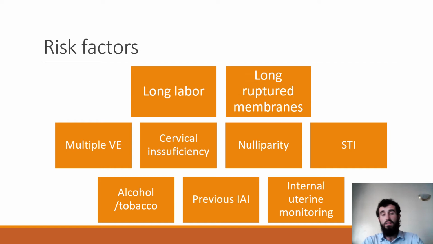Also, cervical insufficiency, nulliparity, STIs or UTIs, alcohol and tobacco, and as in all situations in gynecology and obstetrics, a previous intraamniotic infection, or also internal uterine monitoring, but here in Bagadi we will not see it.